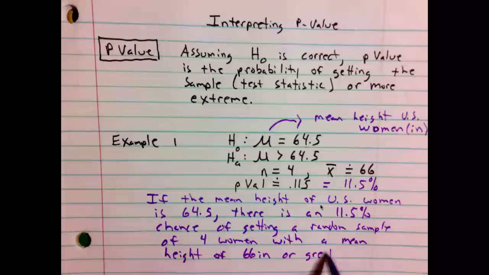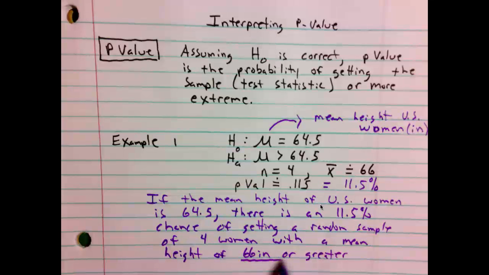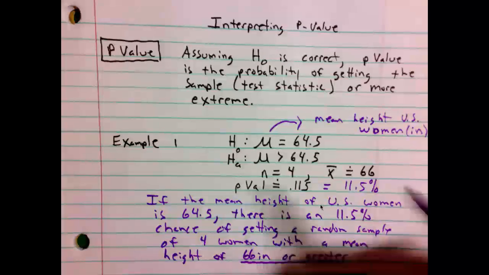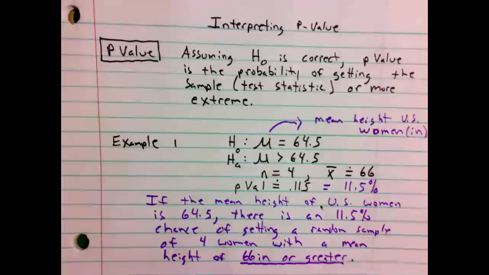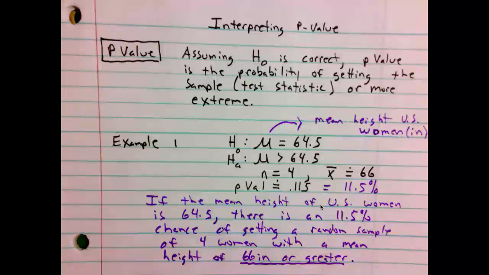This is the more extreme part. 66 inches or greater. There's an 11.5% chance of getting a random sample of 4 women with a mean height of 66 inches or greater. That's what the p-value means in this context.